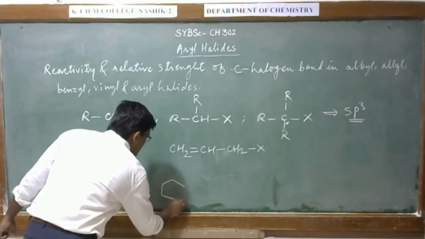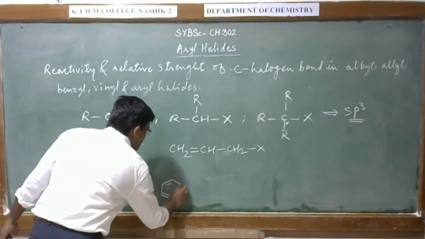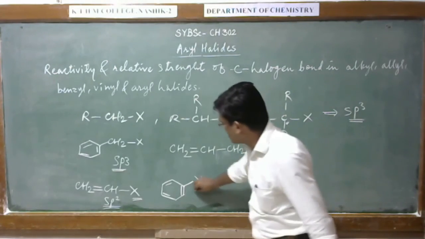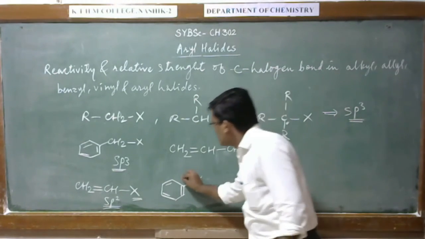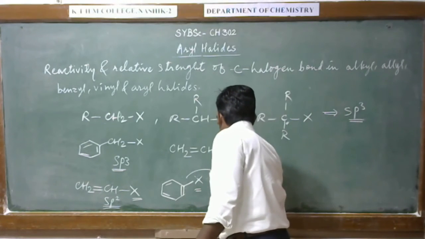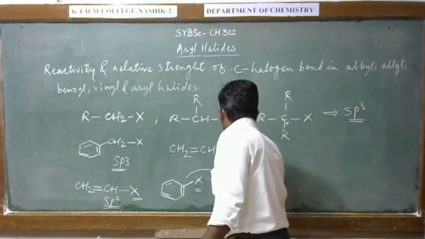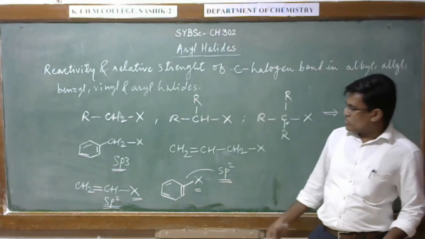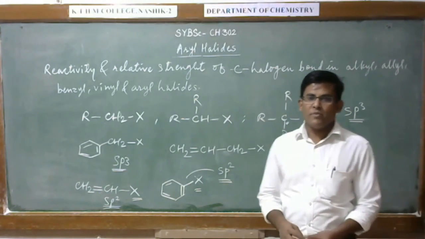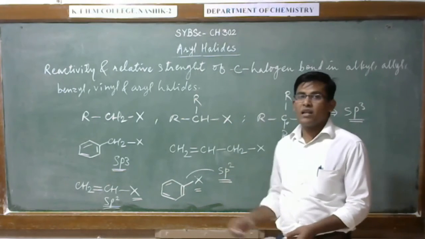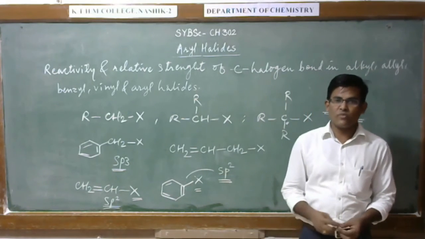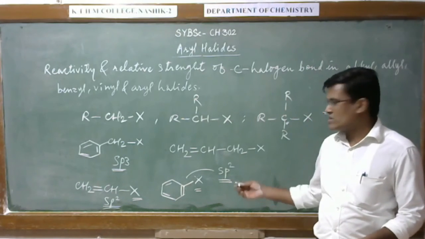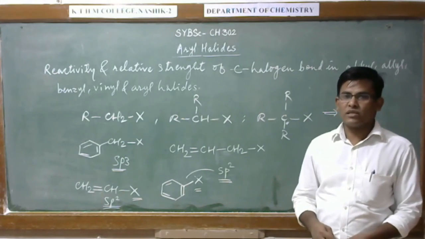Similarly, in this aryl halide, this halogen is attached to this sp2 hybridized carbon. So as I mentioned before, these aryl halides, for example chlorobenzene, are less reactive or unreactive towards nucleophilic substitution reaction.